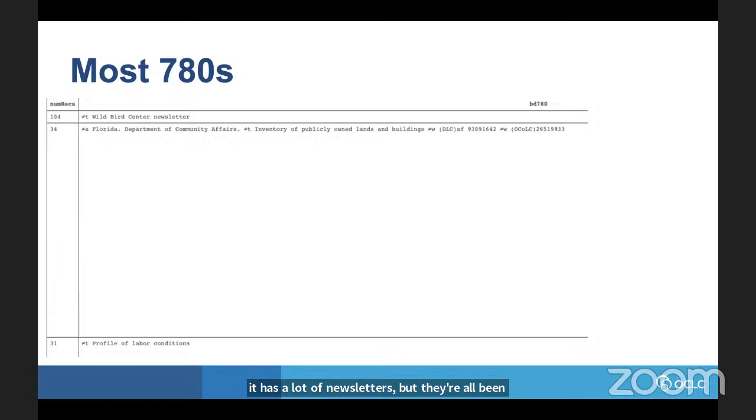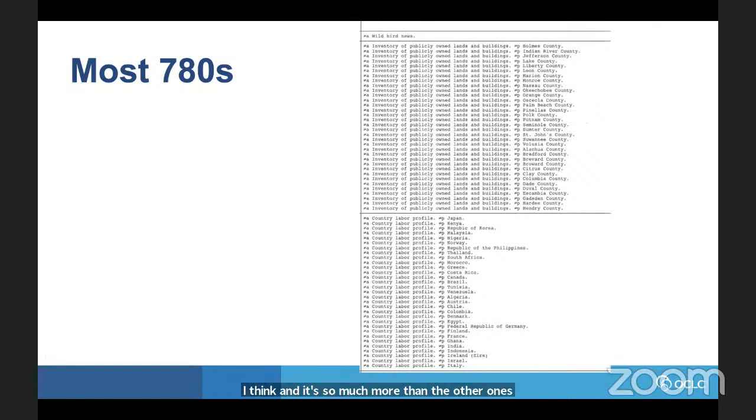It's kind of an odd duck, and it's so much more than the other ones. And then they have the same thing with these government serials, by county, which actually makes more sense, or by country.